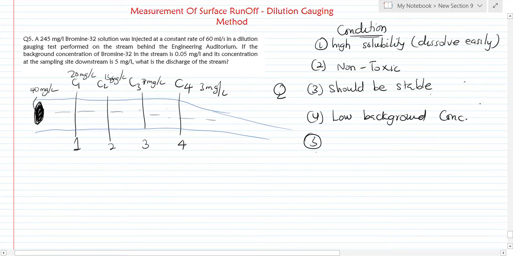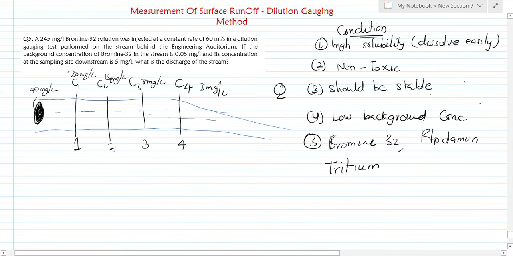So these are some conditions. The substances mostly used are bromine 32, rhodamine, and isotopes of tritium.